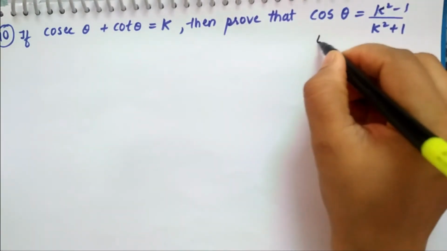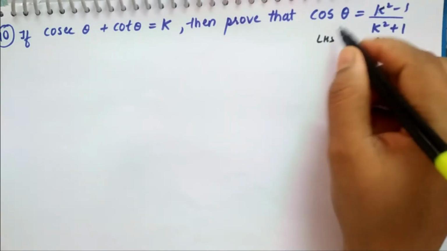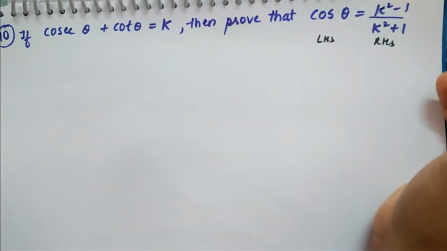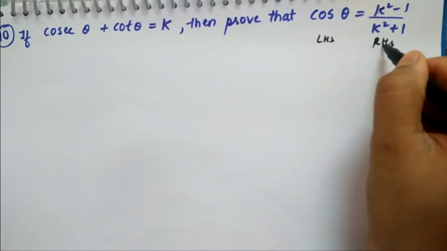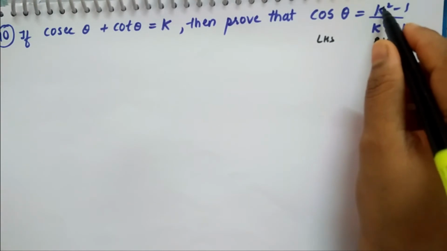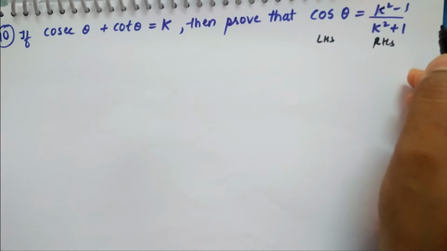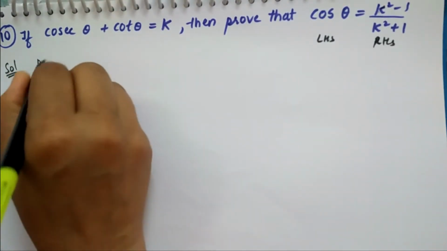This is LHS and this is RHS, but here we will not start with LHS, because if we take LHS, we don't know what we can simplify for cos. It's better to take RHS, because RHS has a k, so we can substitute k and simplify and get a compressed answer as cos, right? So let us take RHS here.